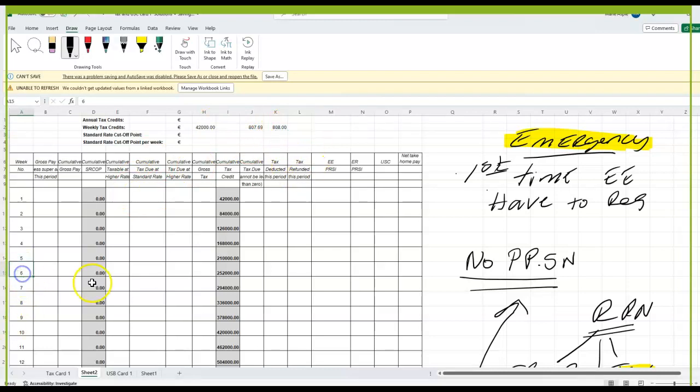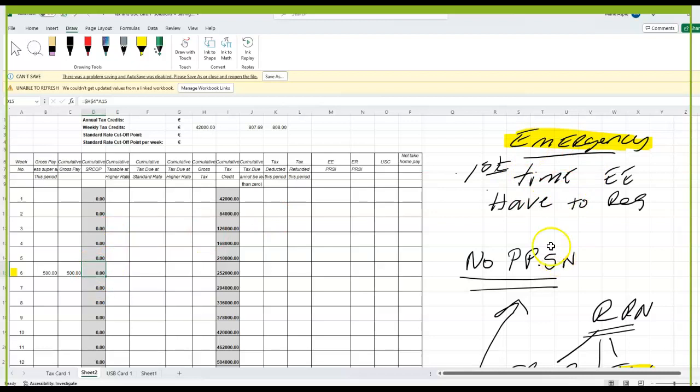And let's say somebody starts here on week 6. I'm just going to move it down to week 6. So that is our first insurable employment, the first week of insurable employment. And let's say that they're going to earn €500. So their gross pay is €500. It is non-cumulative. The first thing to establish, have they a standard rate cutoff point?